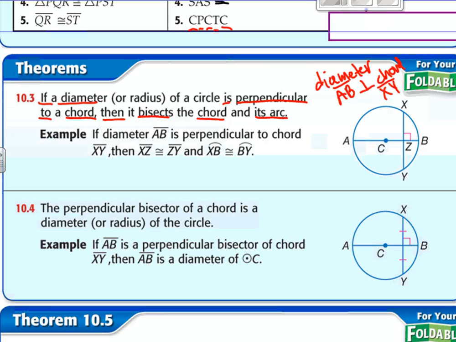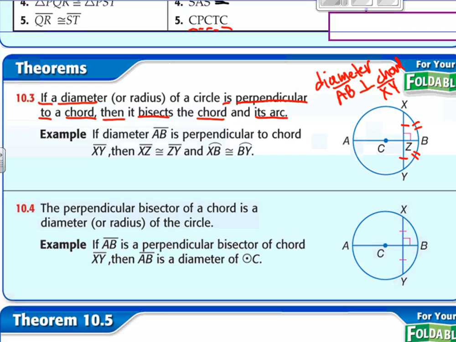We know that those are the same, and so that means that Z is the midpoint of XY, and the arc from X to Y is also cut into equal parts. So we're just going to mark these two pieces the same and those two arcs the same, so that we know what's happening there.